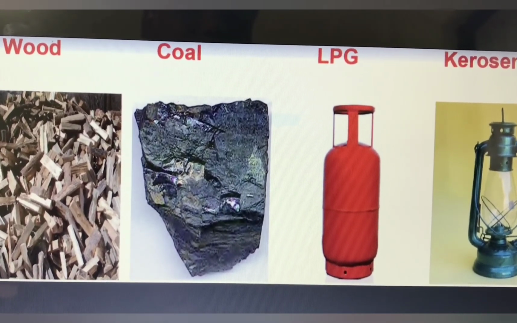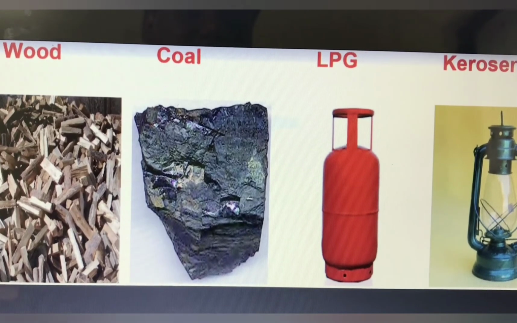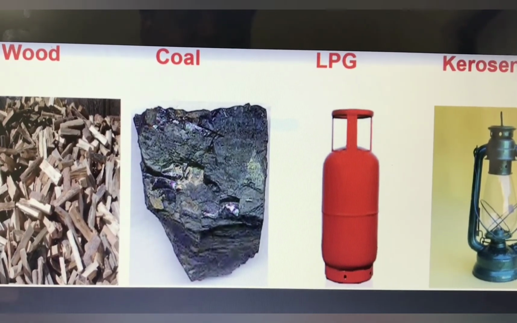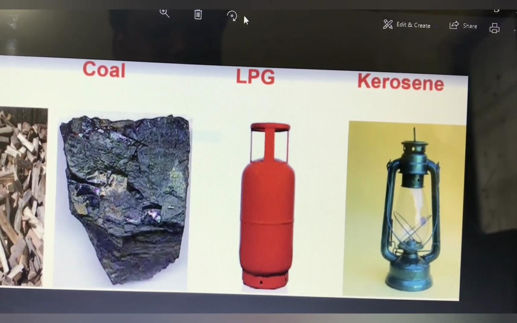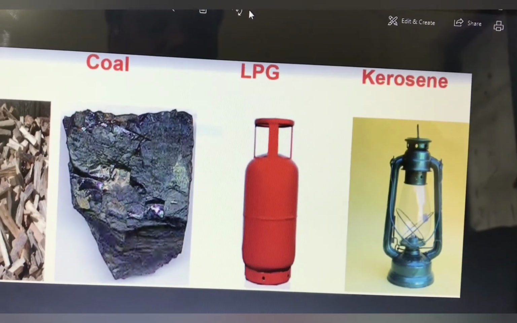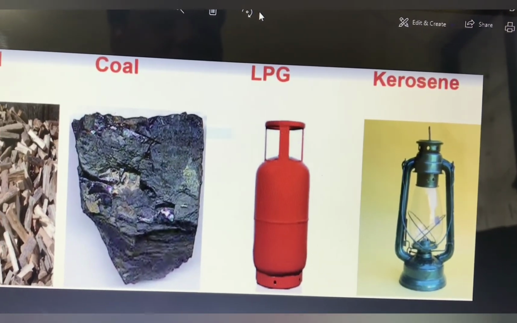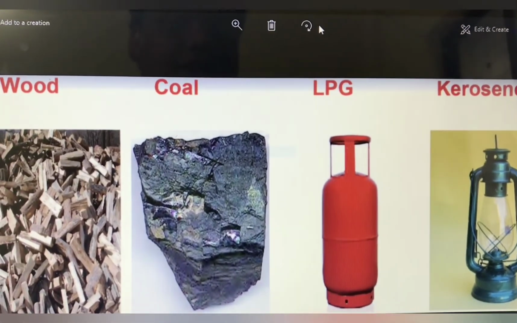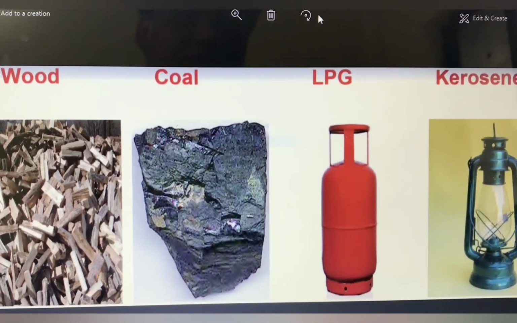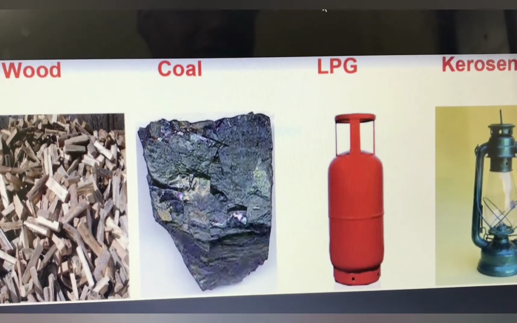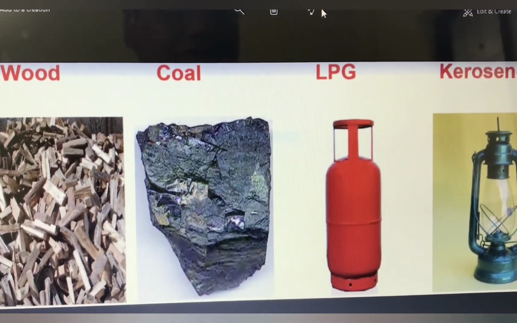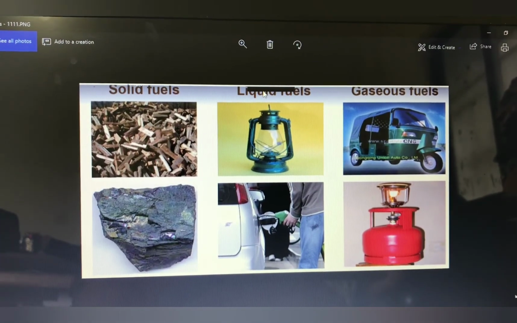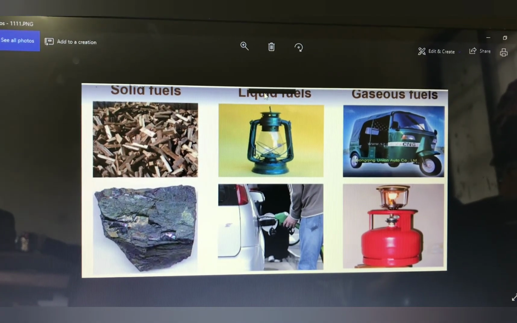Actually this is a gas and it has been liquefied under pressure. And kerosene, petrol, diesel, all these are liquid fuels. So we can divide the fuels into solid fuels, liquid fuels and gaseous fuels.